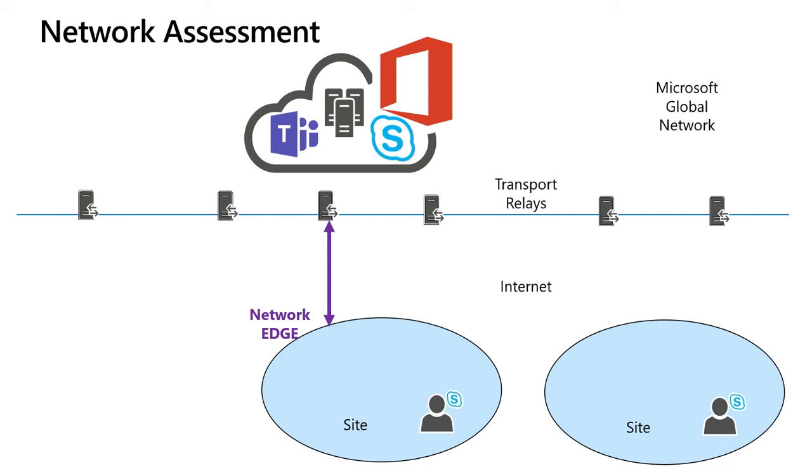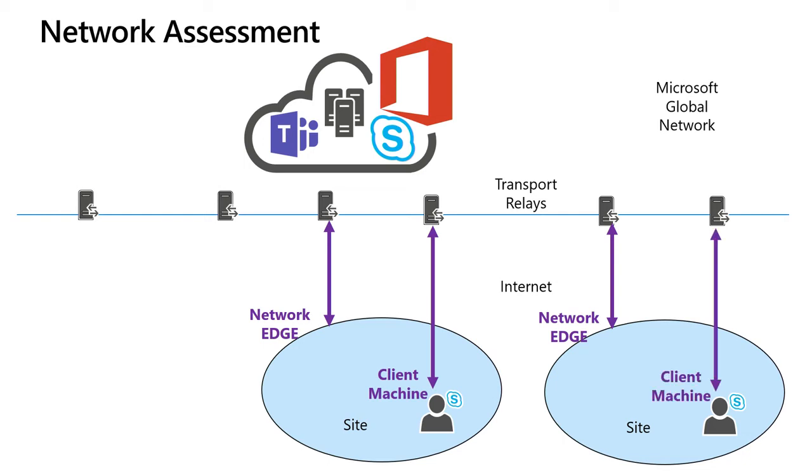And then you have to see our clients, they connect to those same transport relays or maybe a different one, but what is their connection, right? And if the difference is too high between your network edge and your client, maybe you have to do some work there to optimize the network. And of course, we can do that in multiple locations. We can do network edge tests here and then client tests over here.